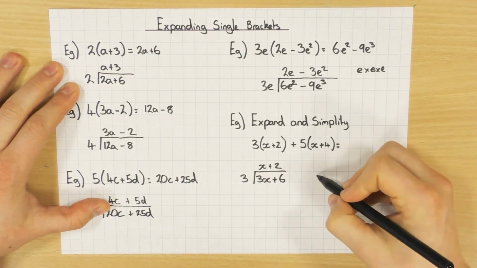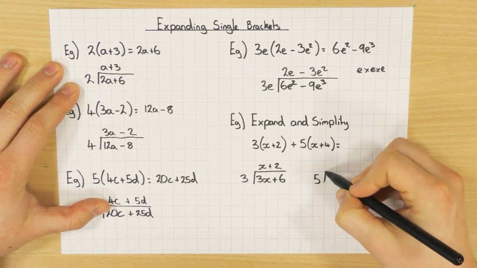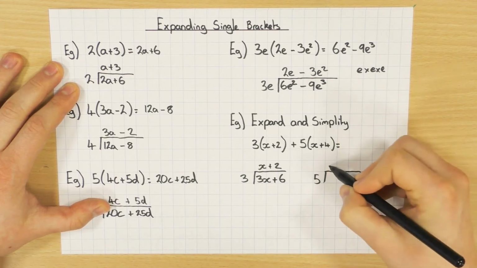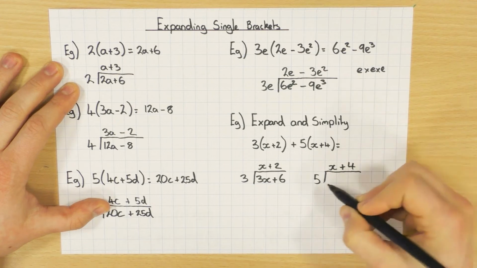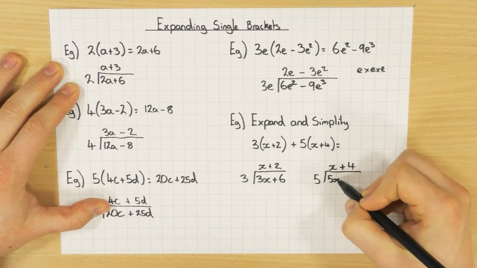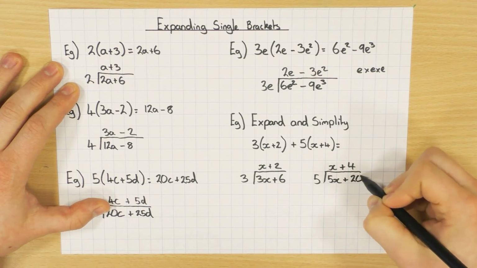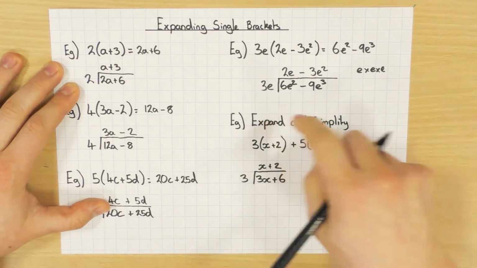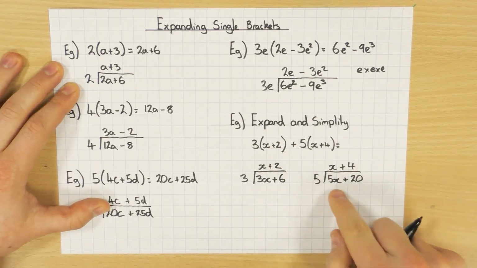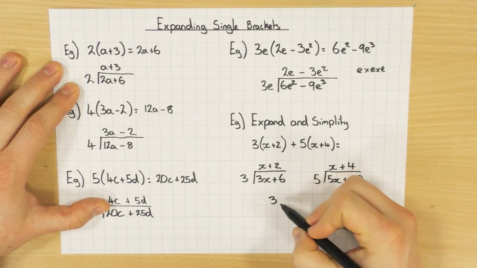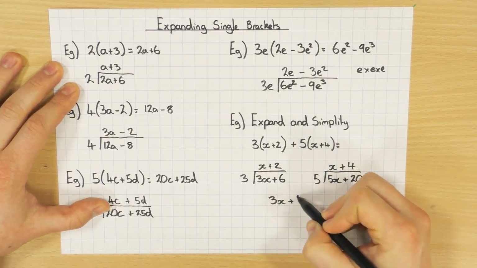Next one here, 5, and there's my grid, x plus 4 inside the brackets, 5 times x, 5x, 5 times 4 is 20. Okay, so there's the expansion bit. We now need to simplify. We need to put these two bits together. So let's write it out before I simplify it, just so you can see.